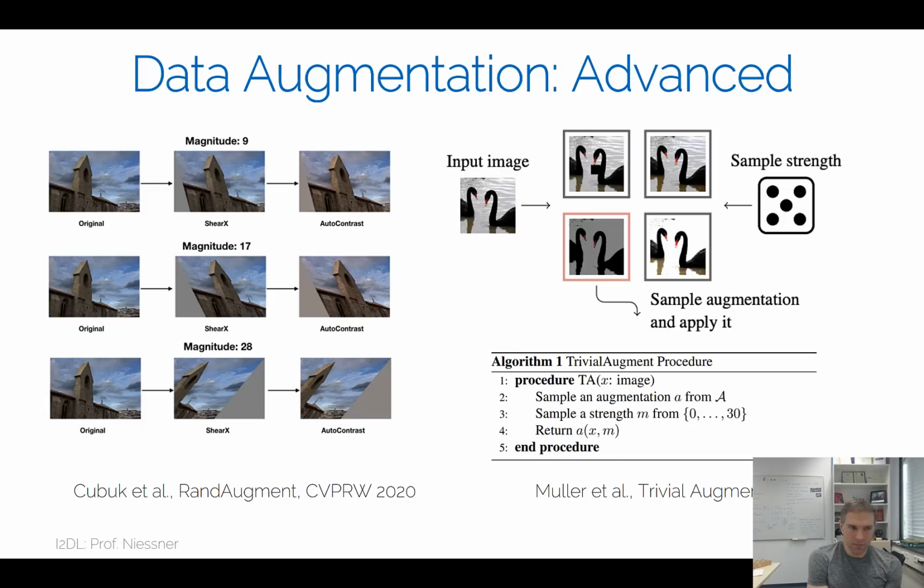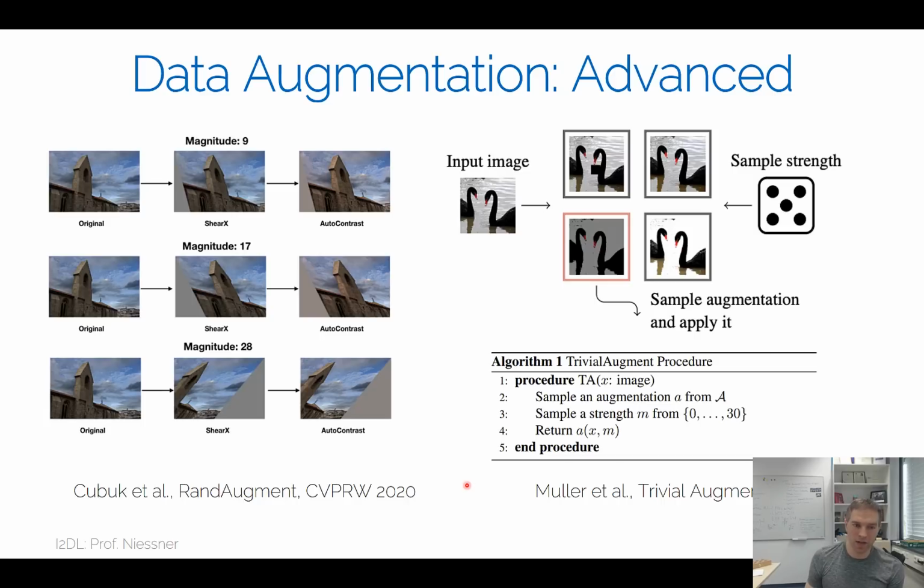And basically what's happening there is you have a bunch of operations, right? You have things like auto contrast, shearing, and various other transformations. And for most of these transformations, you're going to have a selection, which one you choose. And for a specific transformation, you're then going to have a strength, like how much you want to apply that. And the idea basically is, in all of these methods, you basically go ahead and you sample which augmentation is it.